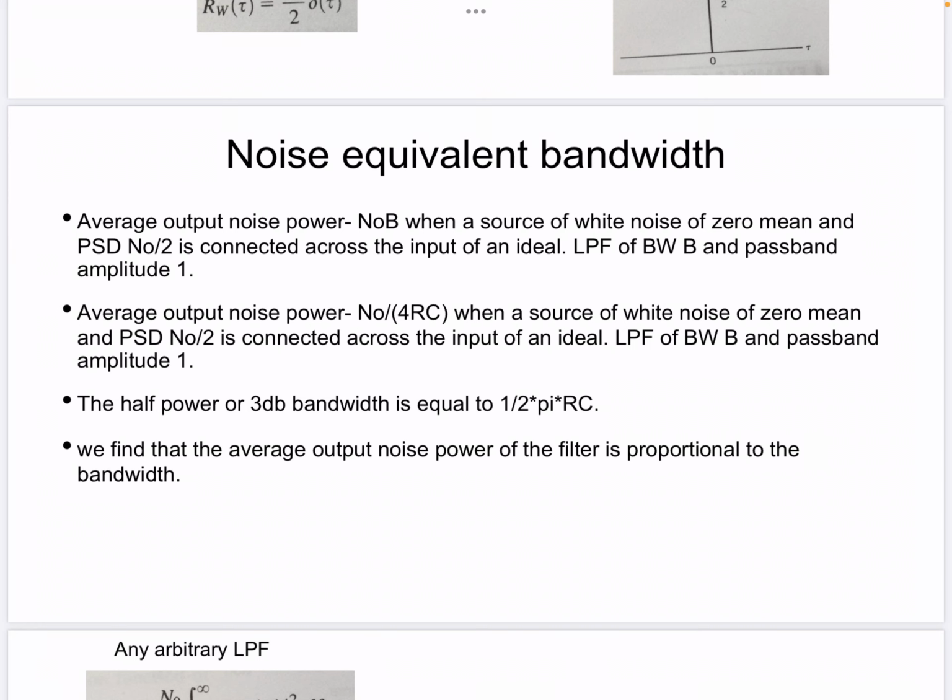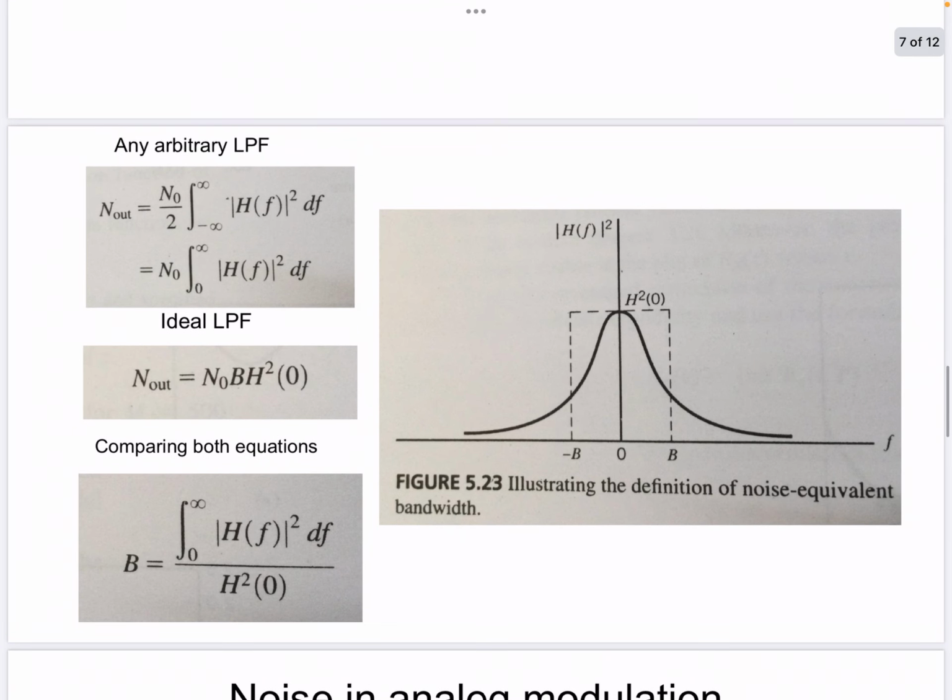The resulting average output noise power is given by this equation: N out is equal to N0 by 2 times the integral from minus infinity to plus infinity of H of f squared df. And it is equal to N0 times the integral from 0 to infinity of H of f squared df, starting the lower limit from 0. Next equation.